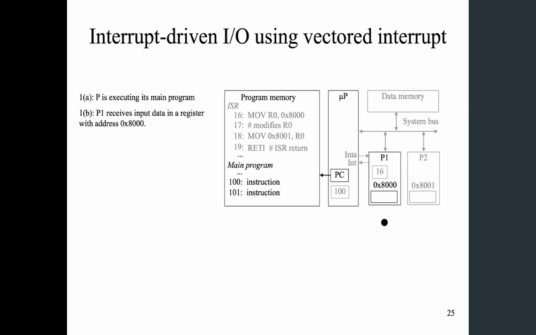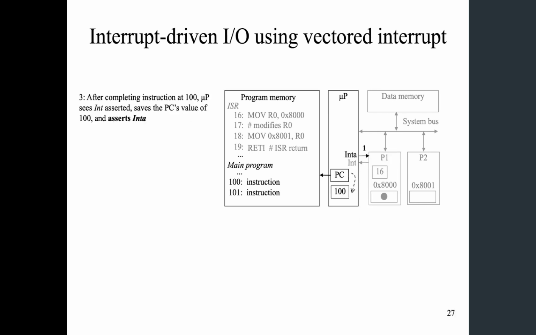So again, we have the data arriving. Peripheral 1 will be raising the interrupt. And while the microprocessor is finishing the last instruction, it sees the interrupt signal is asserted.